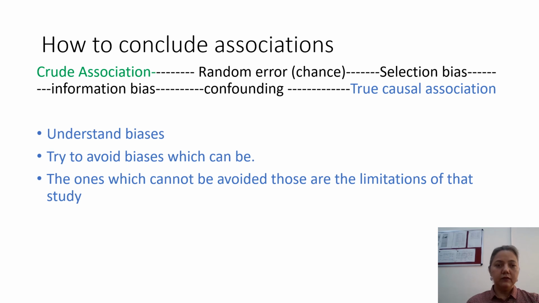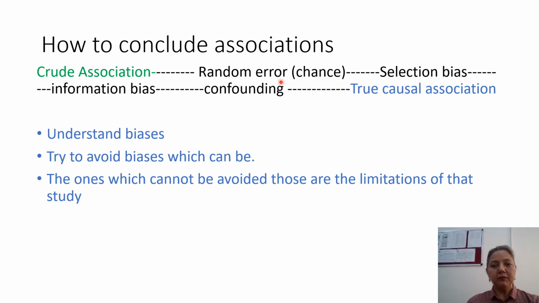So how can we conclude that there is actually an association between an exposure and an outcome? Suppose we have studied something and we have come to know that there is some relation between these factors and this outcome by taking an odds ratio or risk ratio, and then we go for a study to find the true causal association.